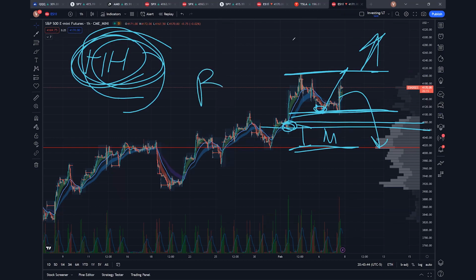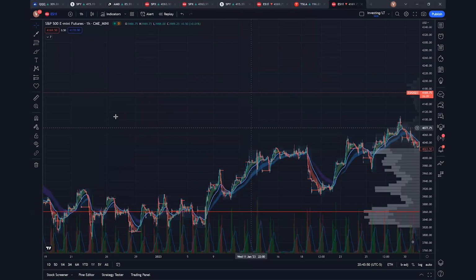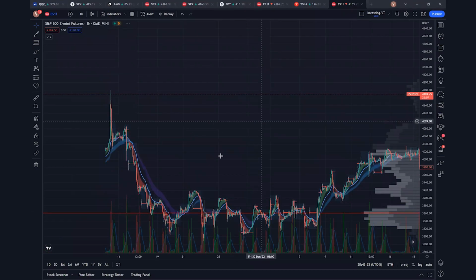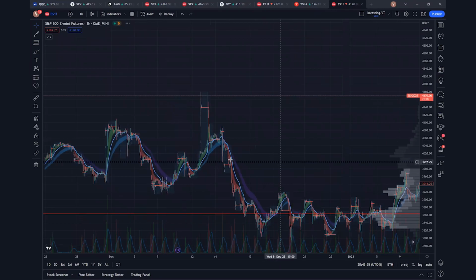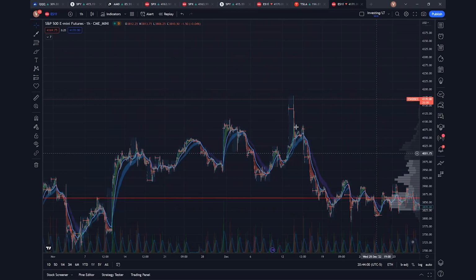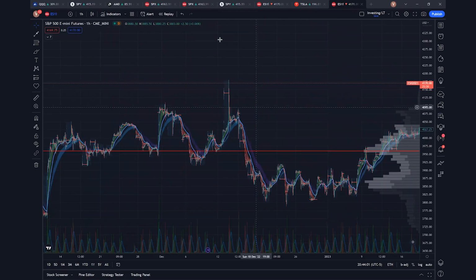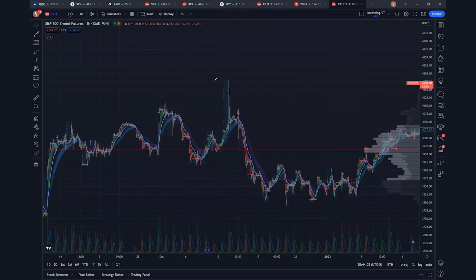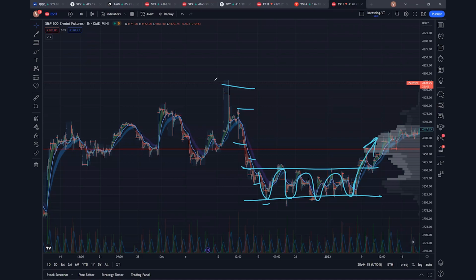So it's very important to understand how the structure of a trend works. It's the same case for a bear trend, right? In a bear trend, if we take a look at some of these examples right now, we've had a decent bear recently into a compressive period. Zoom out a little here. But overall, we have this little minuscule bear trend where we would print lower highs, lower lows, lower highs, lower lows, lower highs, lower lows, until at one point we created this compression period that actually broke out of that trend.